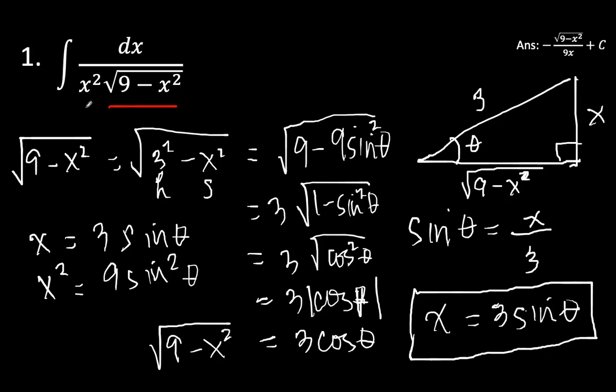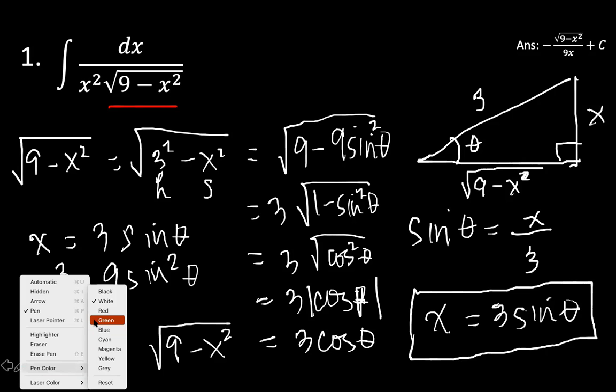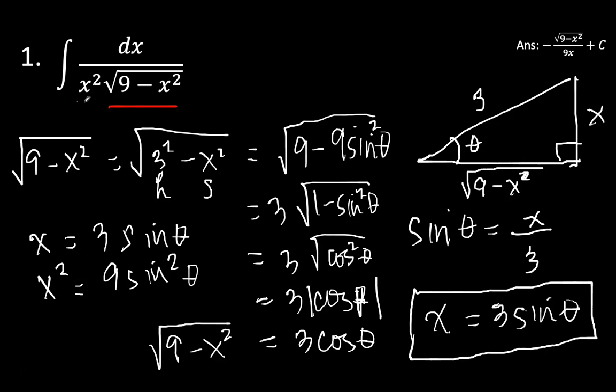So we have already found the equivalent expressions of x squared and the square root of 9 minus x squared, so we can now substitute these simpler values in terms of the trigonometric functions sine and cosine. However, guys, we don't need to go through these steps just to identify the equivalent expression of the square root of 9 minus x squared.